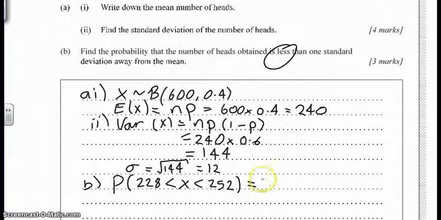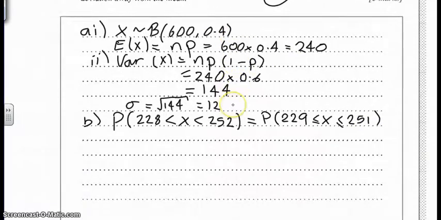So that is the probability here that X is greater than or equal to 229 and less than or equal to 251. Okay, and then for this we would use the binomial distribution.